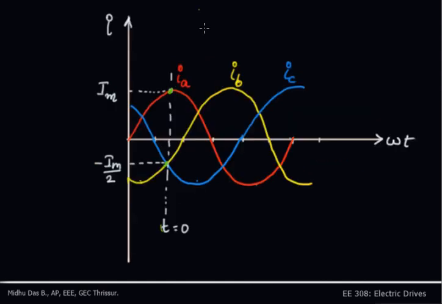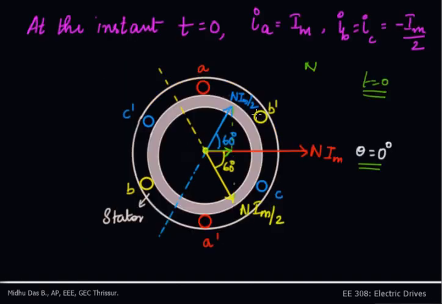Similarly, if you analyze for other instants as you have done in your machines theory, you will get a rotating magnetic field in the anti-clockwise direction. That is, as you vary the time instant, you will get a rotating magnetic field of magnitude 3 by 2 Nim, which is rotating in space.